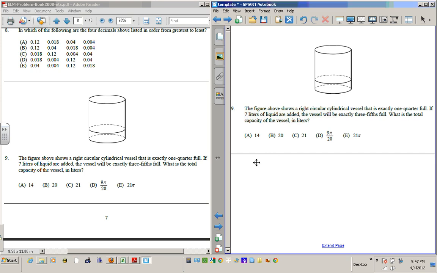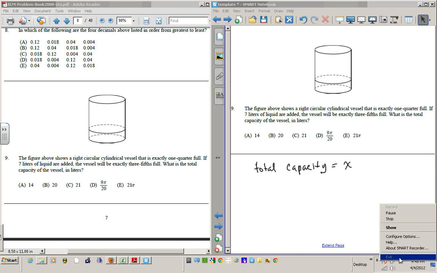So let's call total capacity X, okay? Because we're dealing with fractions of the total capacity. It says the figure shows a right circular cylinder that is exactly 1/4 full, okay?